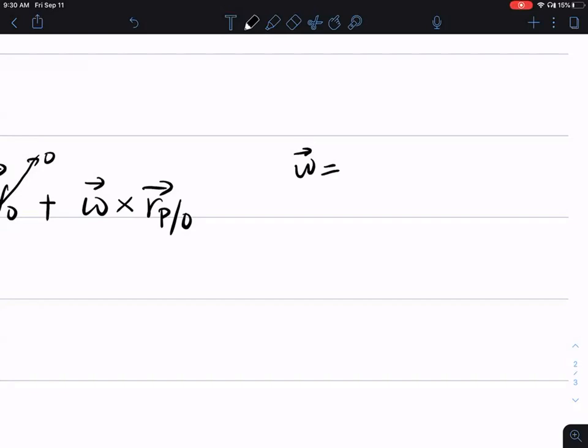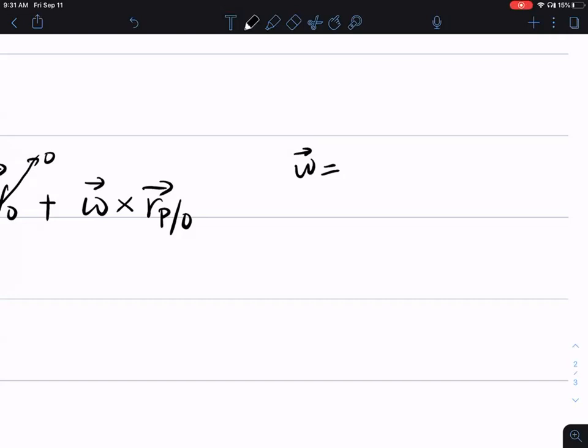But angular velocity and angular acceleration are kind of different. They're not in the I and J plane. If your disk is rotating counterclockwise, and you use your right hand, your thumb is pointing in the direction of the unit vector. If I do this, my thumb is pointing out of this whiteboard.